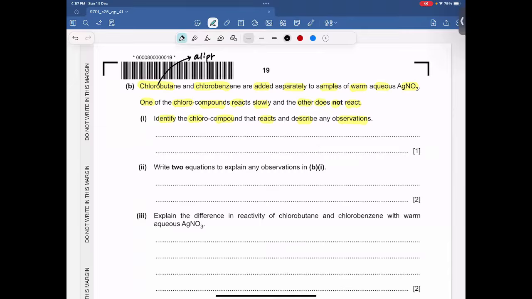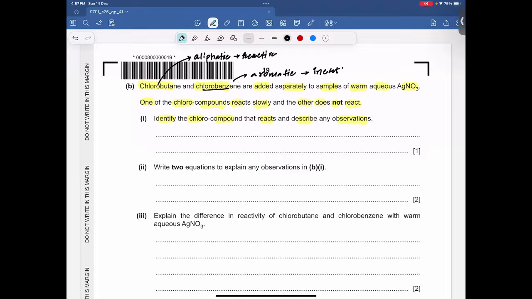Aliphatic alkyl halides are more reactive. And this chlorobenzene is basically aromatic alkyl halide. And aromatic alkyl halide, you know, they are chemically inert and unreactive, okay?